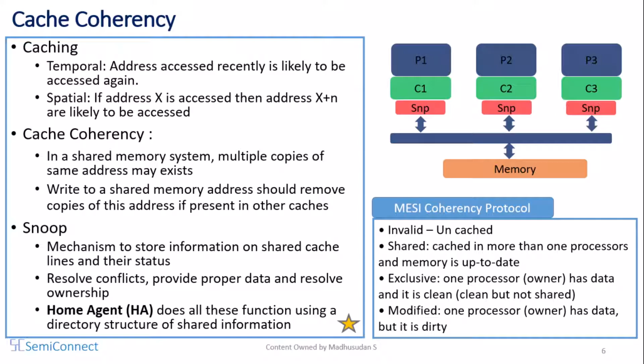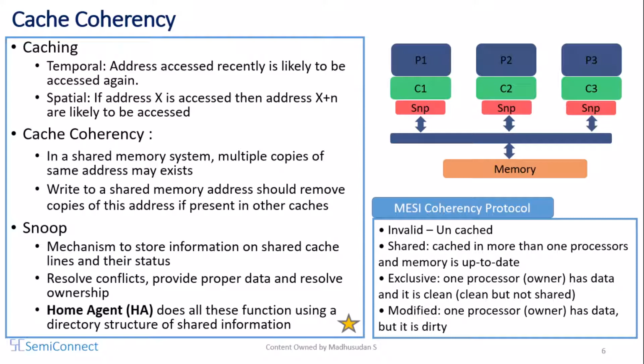So this is, at a very high level, the cache coherency issue, right? So it is important to remove the copies of those addresses if they are present in the other caches when you attempt to write into these shared memory addresses. So that's how you resolve those problems.